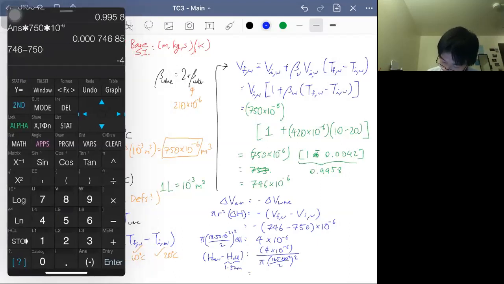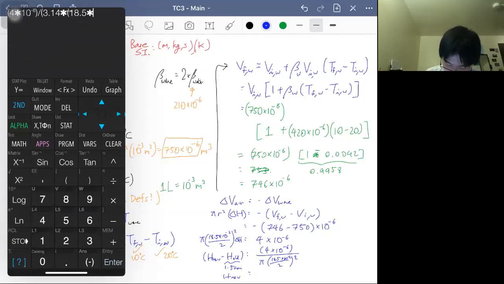And therefore h new is, now I plug in the calculator, 4 times 10 to the power of negative 6, divide by 3.14 times 18.5 times 10 to the minus 2, divide by 2, all squared.